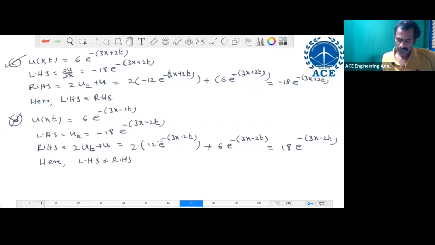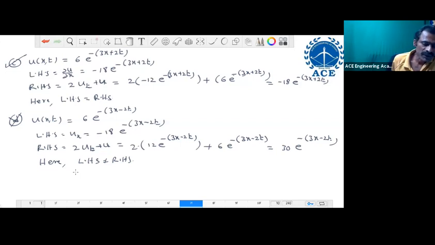Okay, 2 into 2, right. So it is not the same. Okay, so like this, we can choose the answer by verification. It is a 2019 IES question, a 2 marks problem.